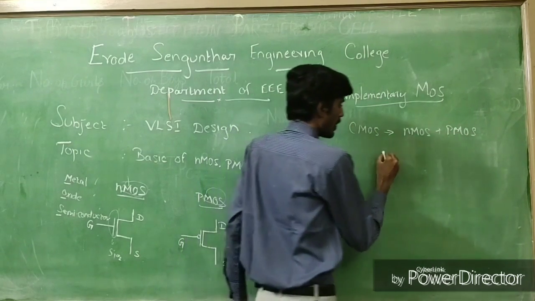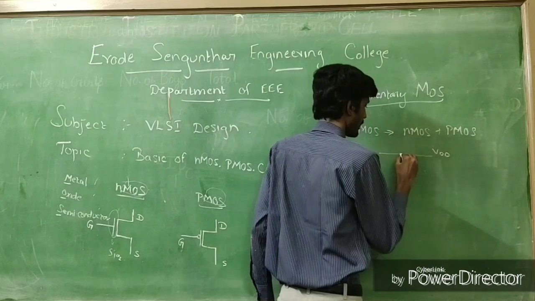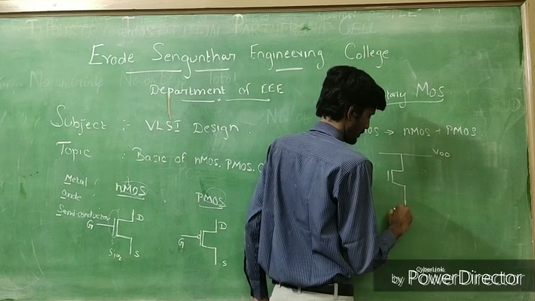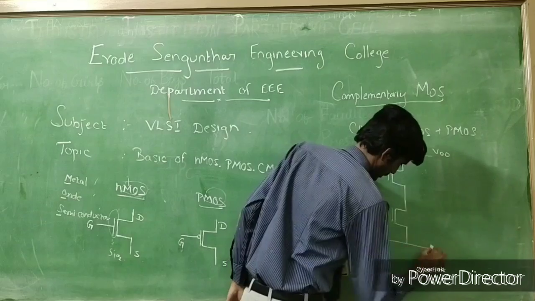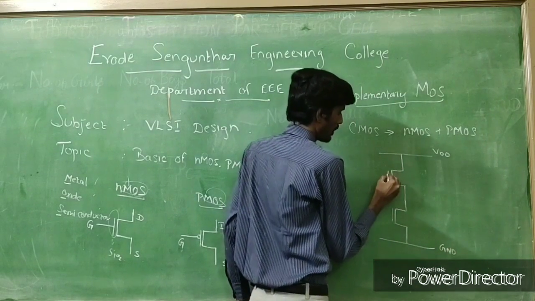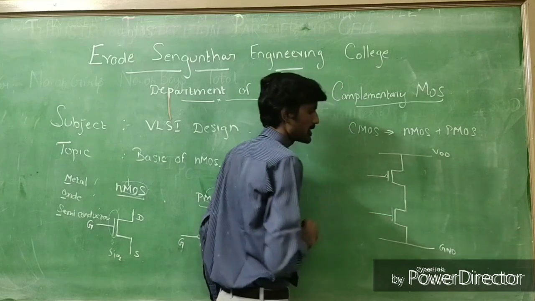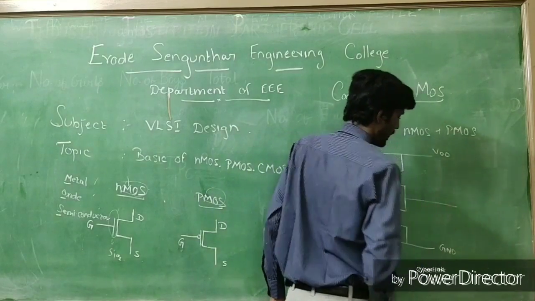For the structure of CMOS, normally we draw the VDD line, then one PMOS, then one NMOS, and then ground. The PMOS is placed in the upper part, the NMOS in the lower part, and the output is taken here.